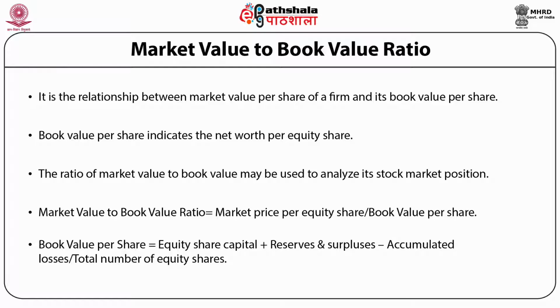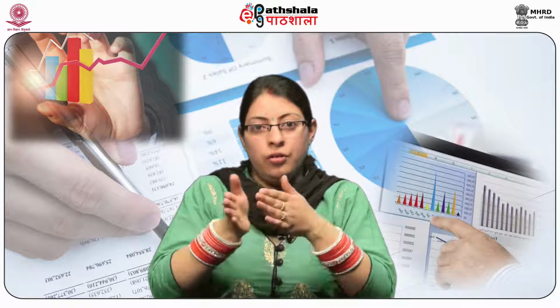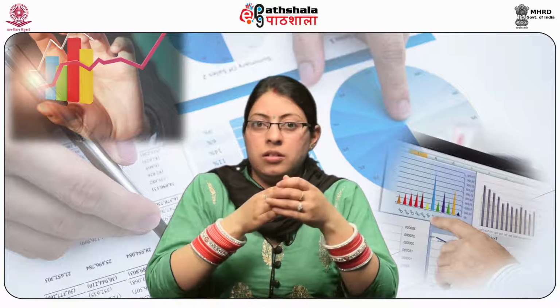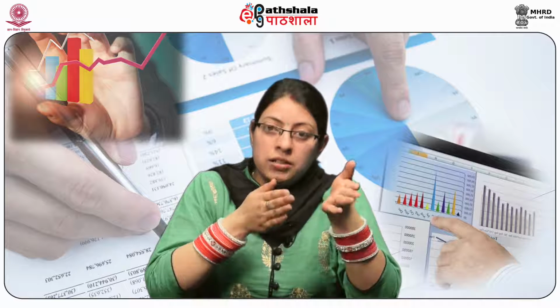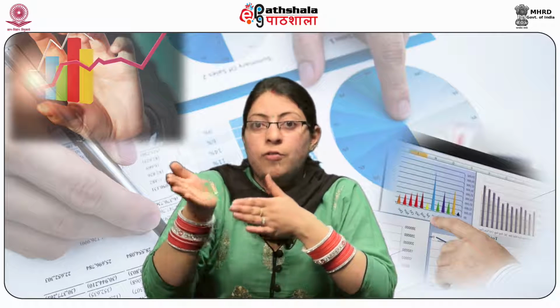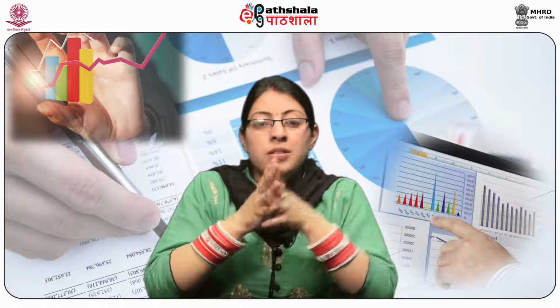Leverage ratios. Leverage or capital structure ratios are calculated to test the long-term financial position of a firm. Following ratios are generally calculated to analyze the capital structure of a firm. First is financial leverage.